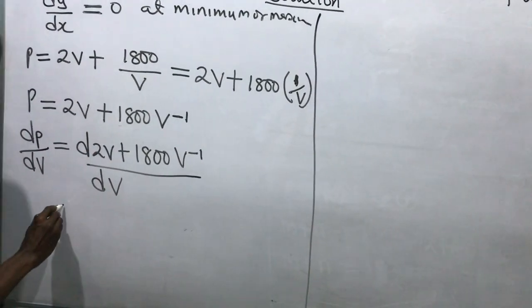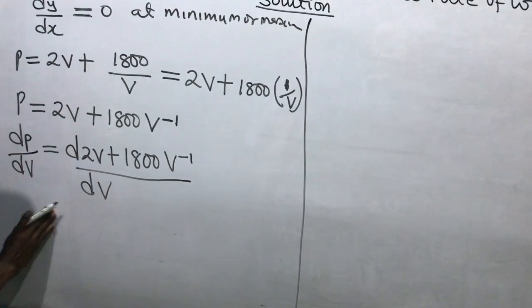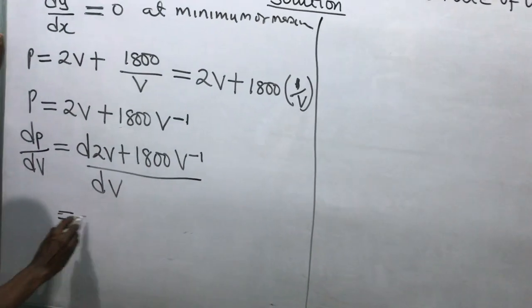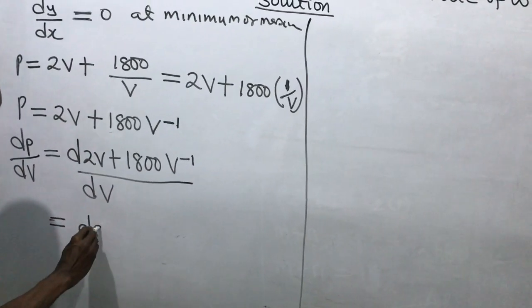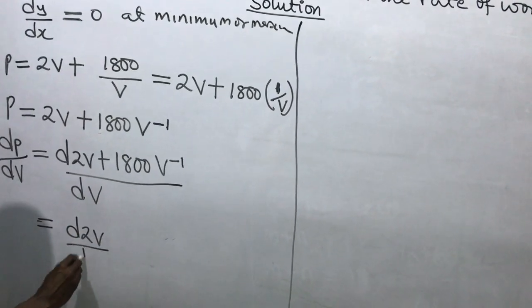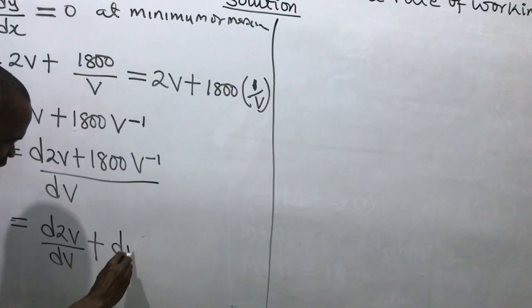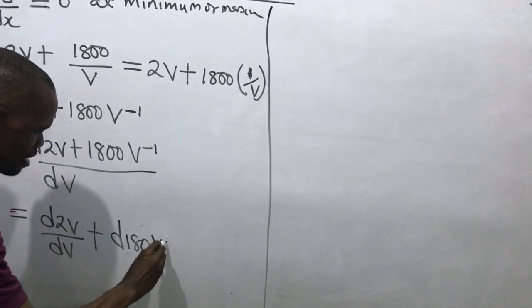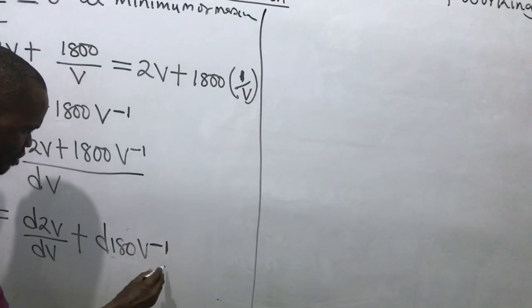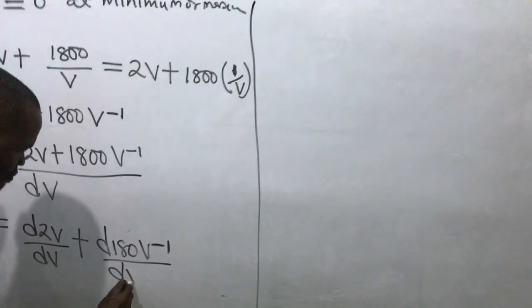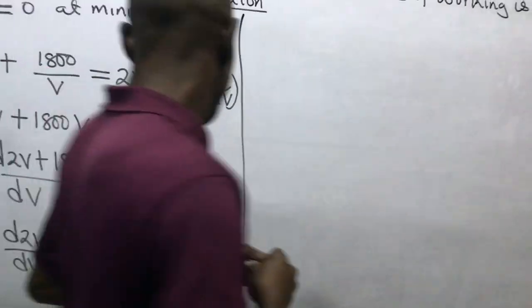And this can be written, differentiating them separately, as d(2V) with respect to dV plus d(1800 V to the power minus 1) with respect to dV.